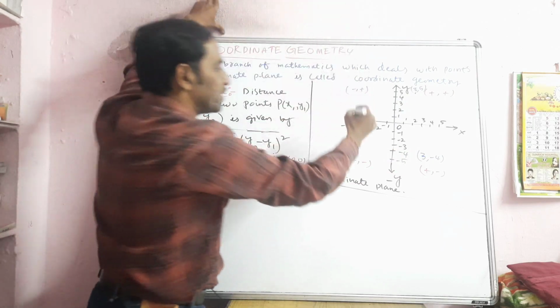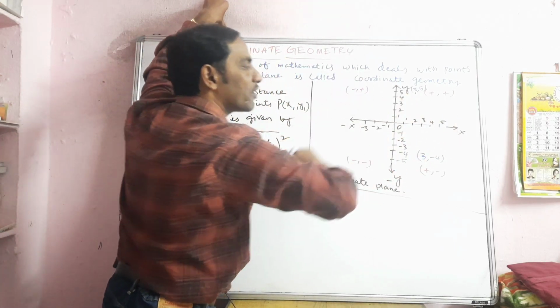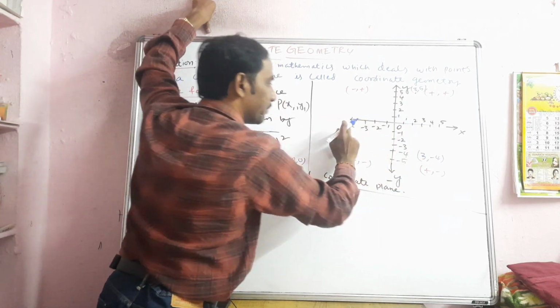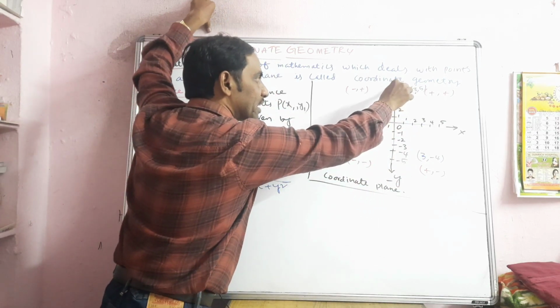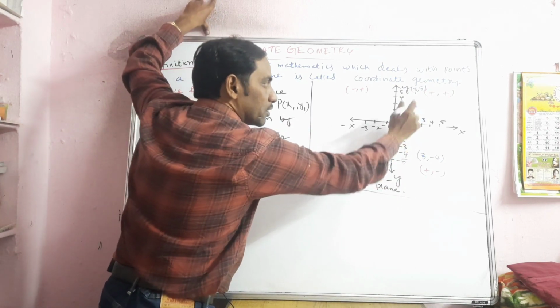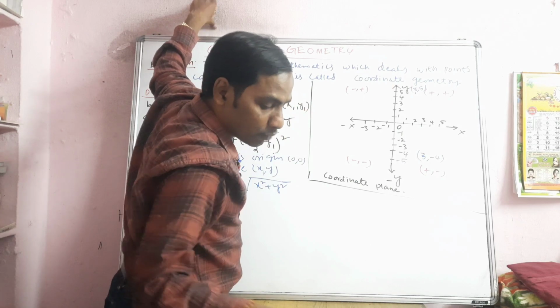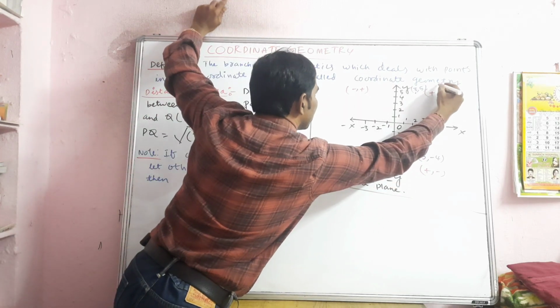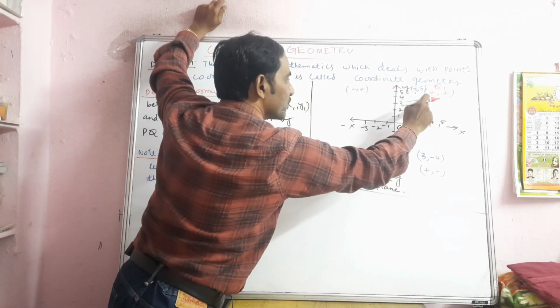Now we have divided it by drawing a horizontal line, that is x and minus x, and by drawing a vertical line, y and minus y. So this part is called Q1, meaning quadrant 1. In quadrant 1, x will be positive and y will be positive.